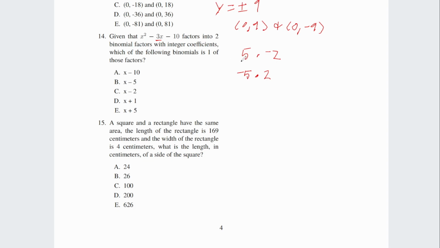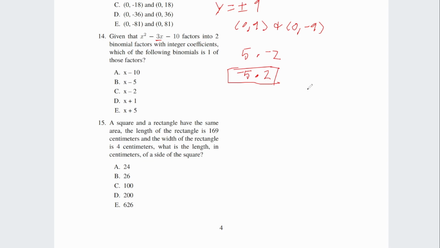Which one is it? Well, we end up with negative 3, and we know that the factors of negative 10 need to add up to negative 3, need to add up to the coefficient of the x term. So we know that we need to end up with this one, negative 5 times 2.